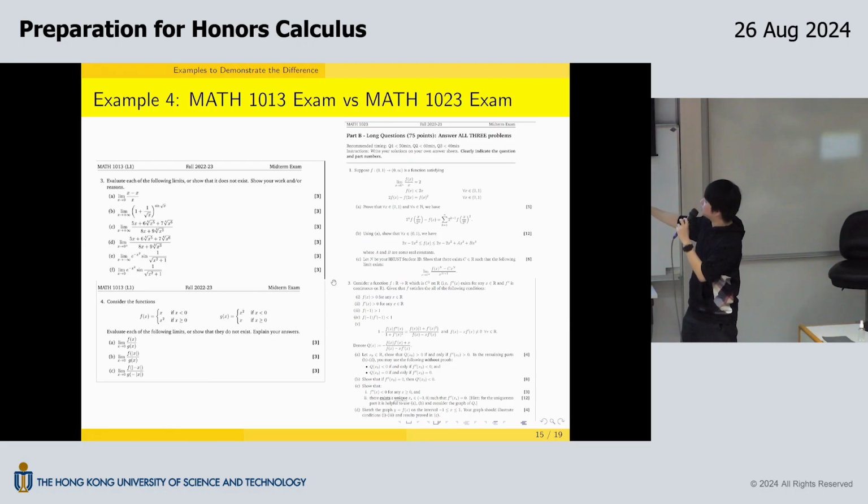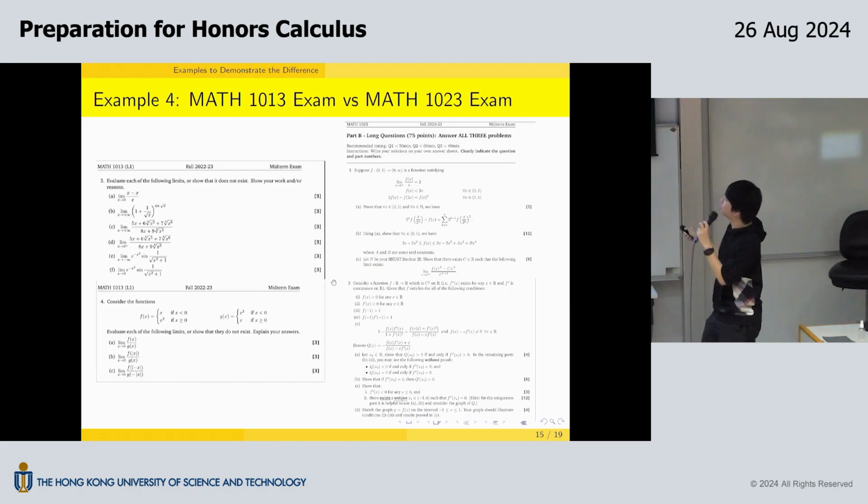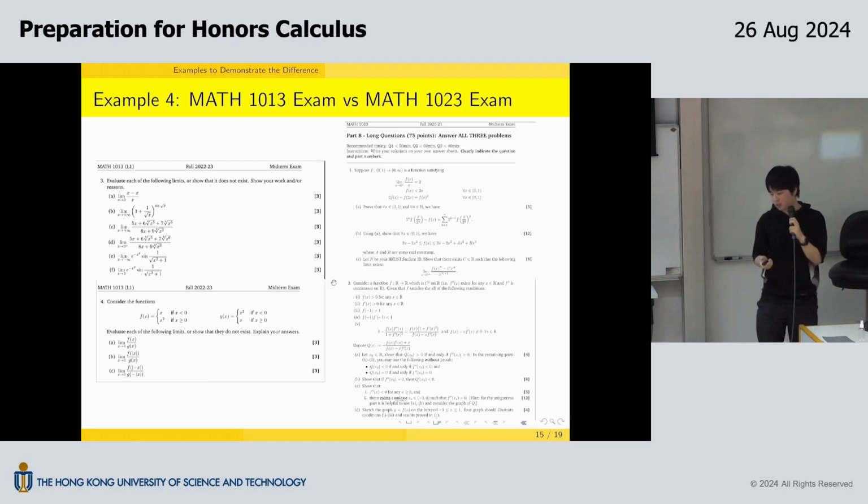So there are actually two things you are required to show in this single sentence. You need to show that there exists something that satisfies this property. And additionally, you are asked to prove that such thing is unique. That means there's no other things that share the same property, right? So these are the type of questions that you are supposed to do in honor calculus. Okay.